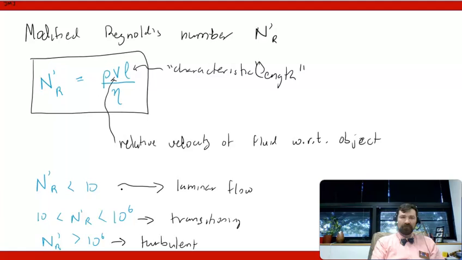And transitioning to turbulent basically means, in some sense, how much turbulence do you have surrounding the object? Does it totally surround the object, or does it just occur, let's say, in the wake of the object or in front of the object, etc.? So essentially, the larger this number is, it's not just that you get more turbulence, it's that the turbulence more completely surrounds your object. All right? So that is the Reynolds number, and that is the modified Reynolds number.